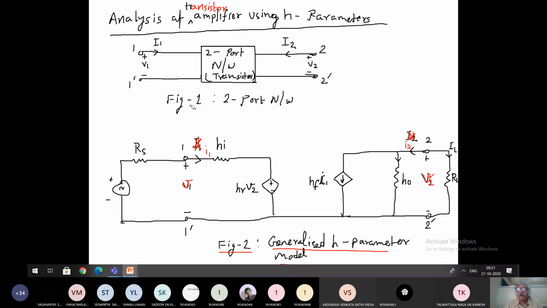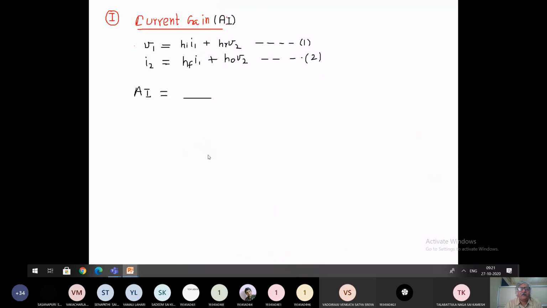And here IL also we will write with the small letter. So IL divided by I1, we will write that.